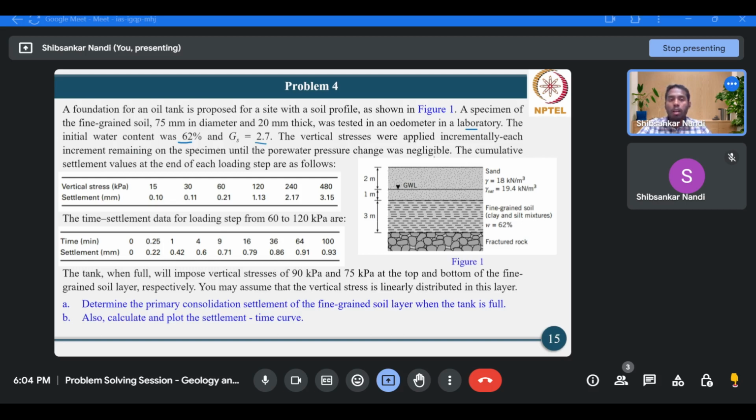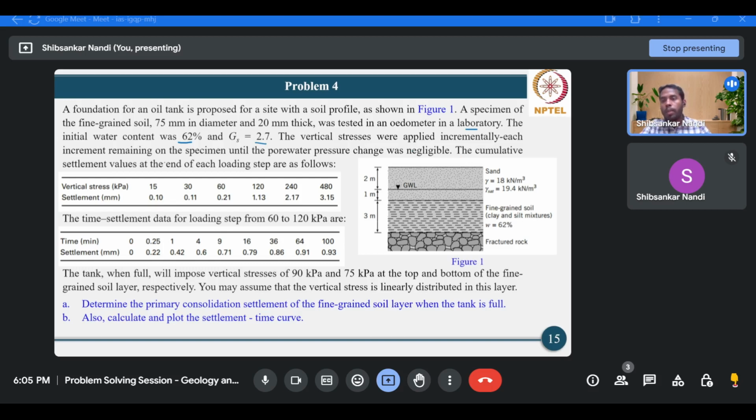So this talks about the standard procedure of the laboratory consolidation test. We apply the load in an incremental manner, and we keep each loading increment on the specimen until the pore water pressure change is negligible.